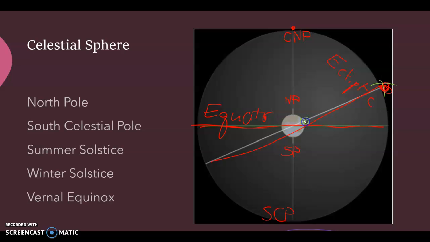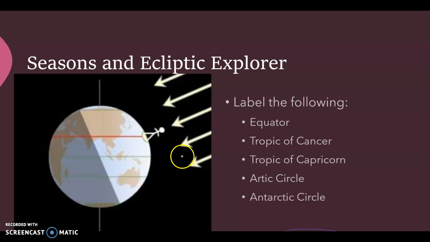So that's going to be when we have summer or our longest days. And then when the sun is down here in its path, the most direct rays are in the southern hemisphere, which means that will be when we are having our winter solstice or longest winter day of the year.